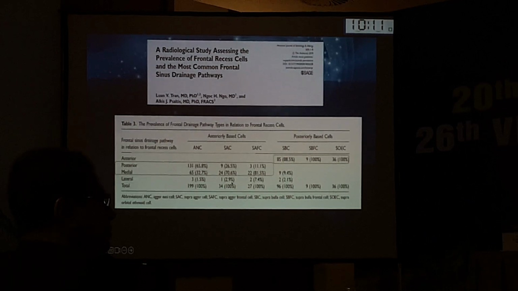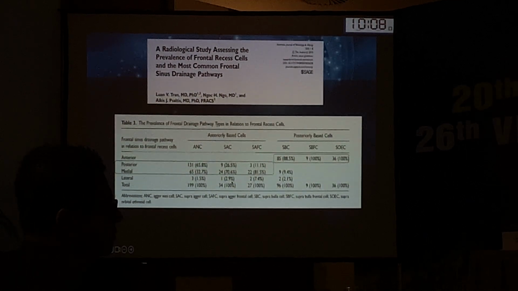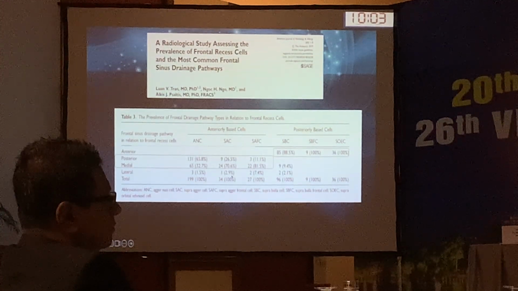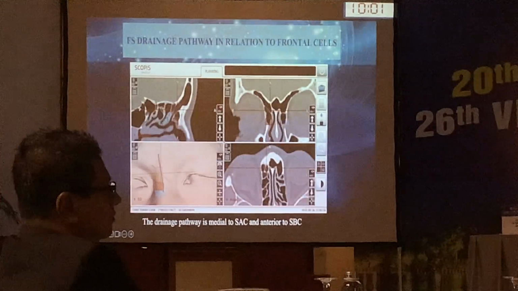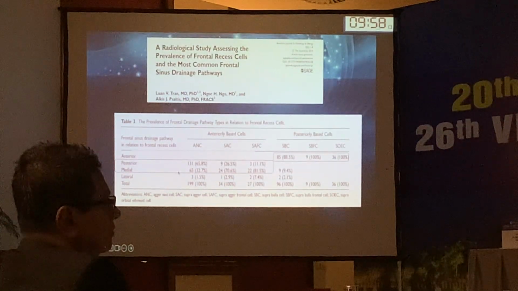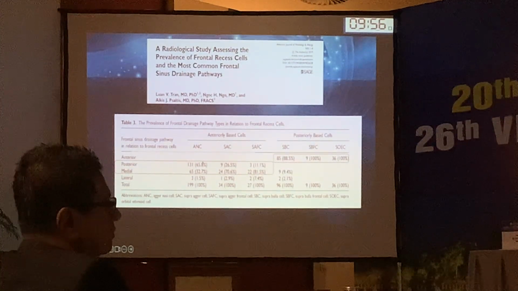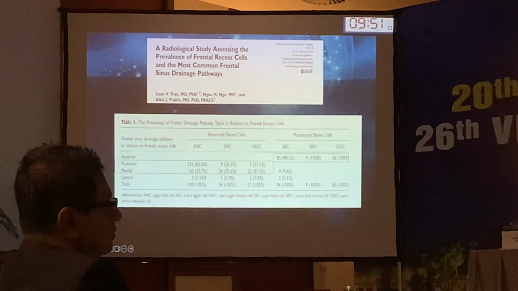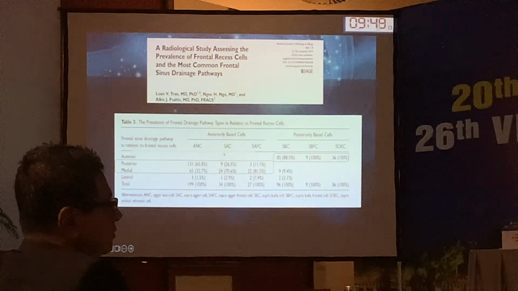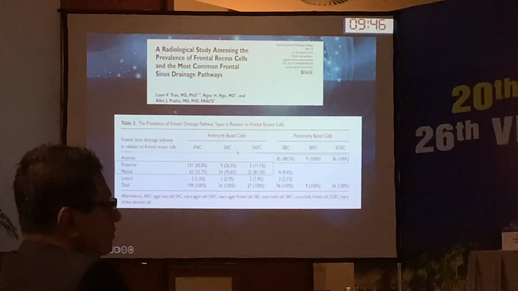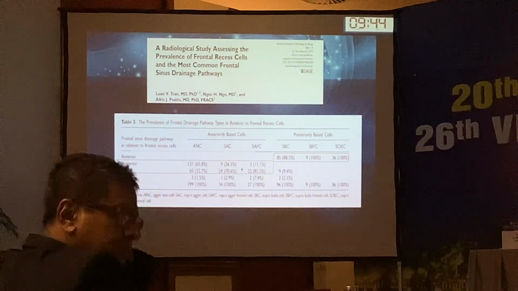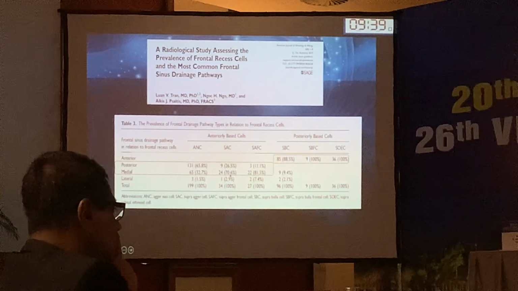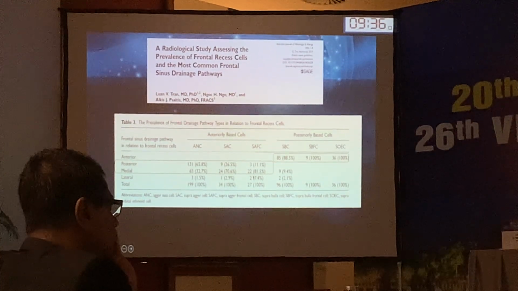Interestingly, we can find the most common frontal sinus drainage pathway in relation to the frontal cells. In relation to the anterior cells, the pathway to the agger is posterior in about 65% and medial in about 32%, but in relation to the SAC and SAFC, it's more medial to those cells, accounting for 70% and 81%.